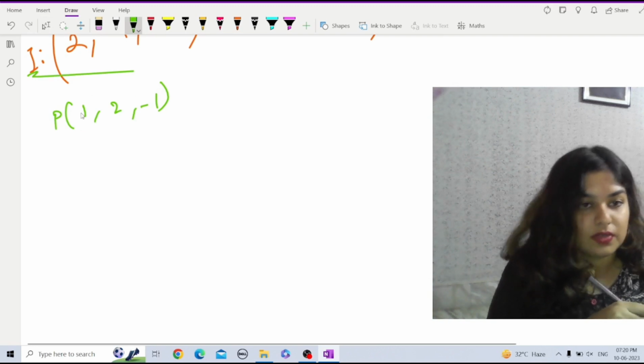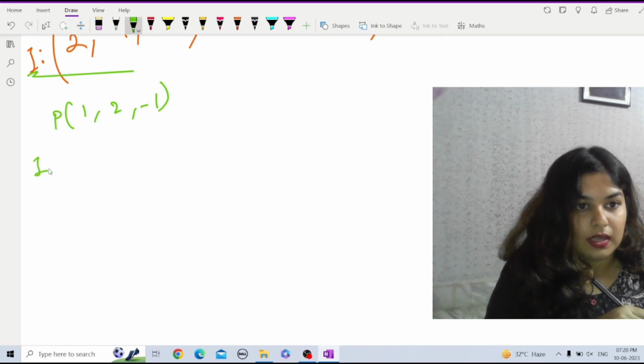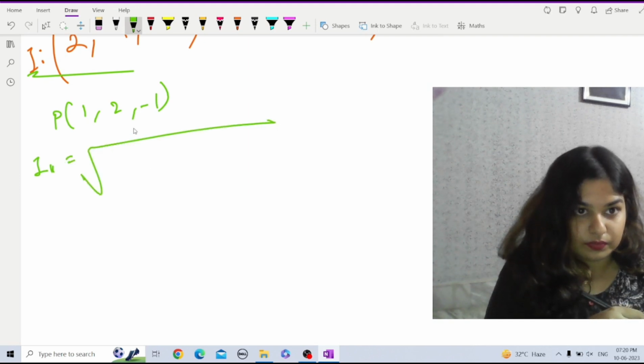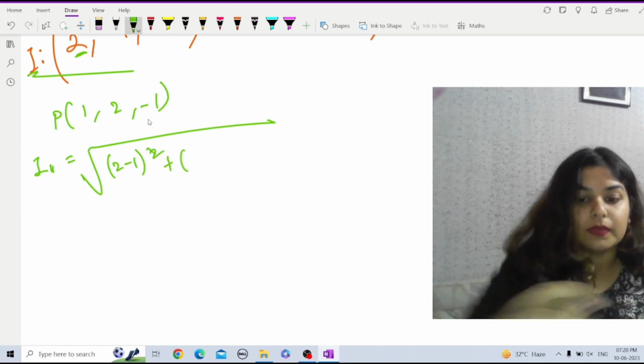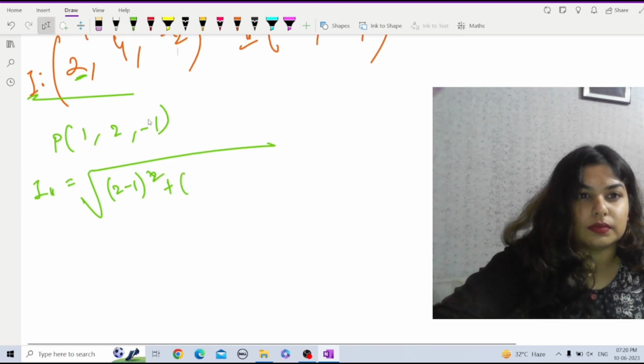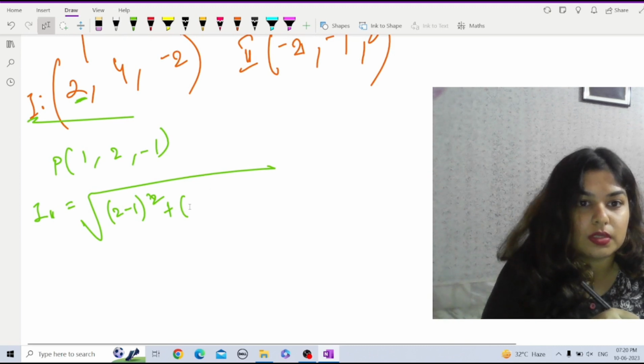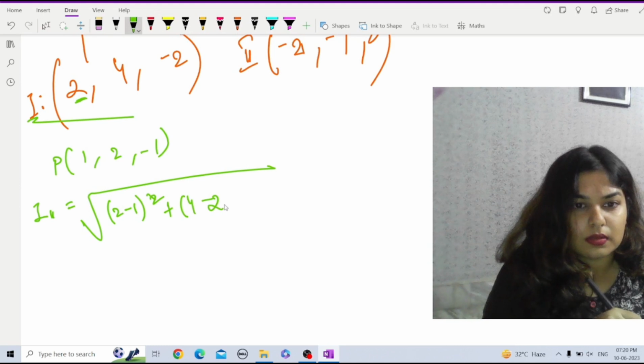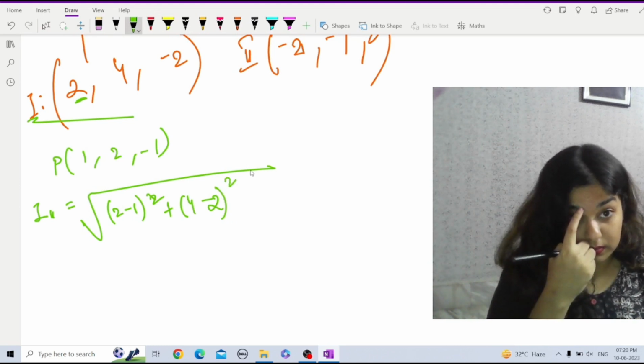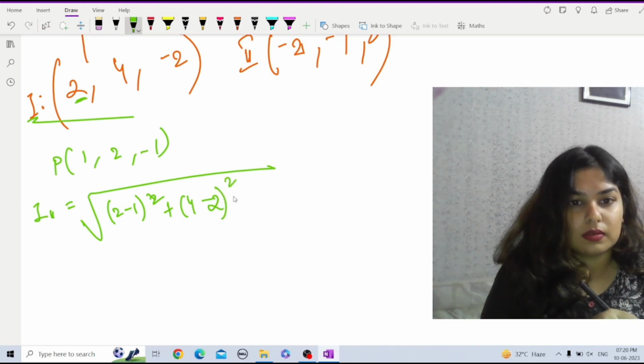So the distance between P and the first point, let's say L1, is: (2 minus 1) whole square plus (4 minus 2) whole square plus (-2 minus 1) whole square.